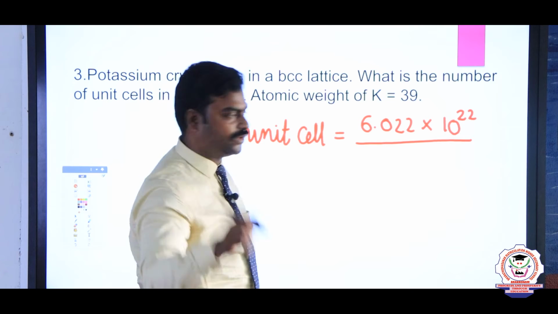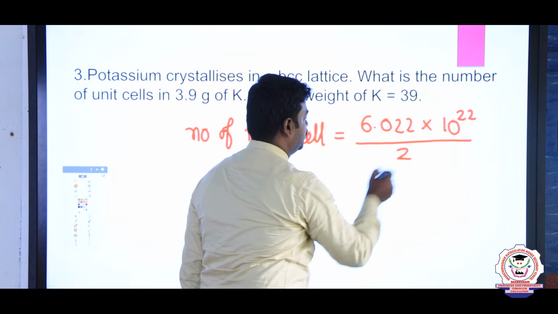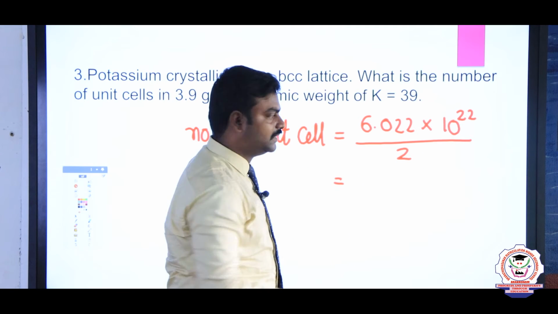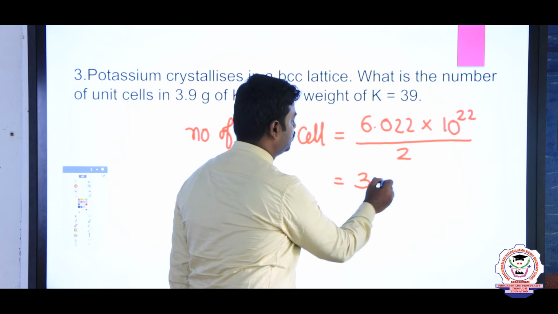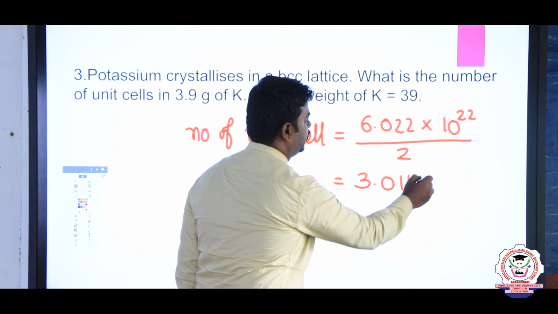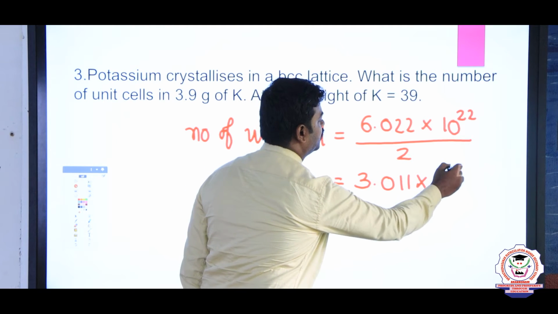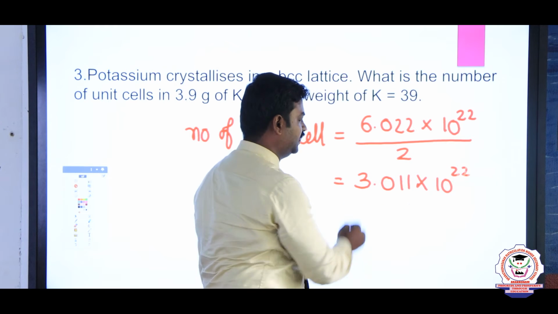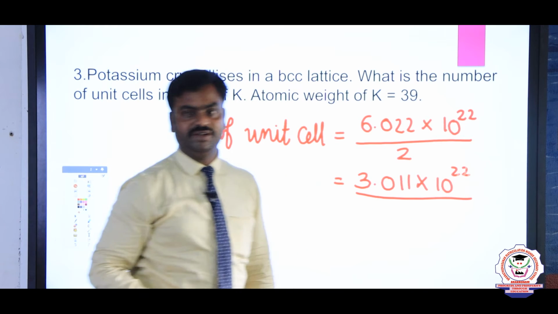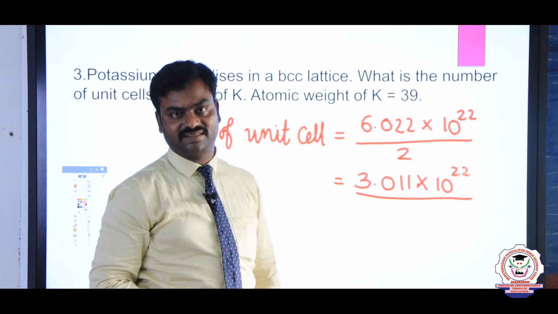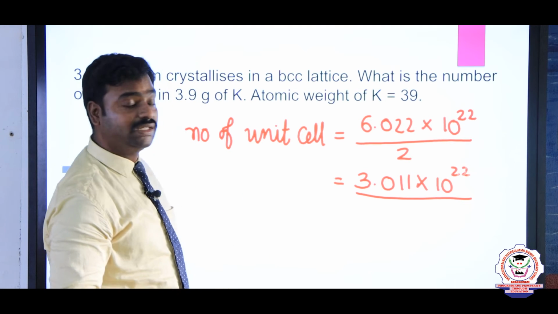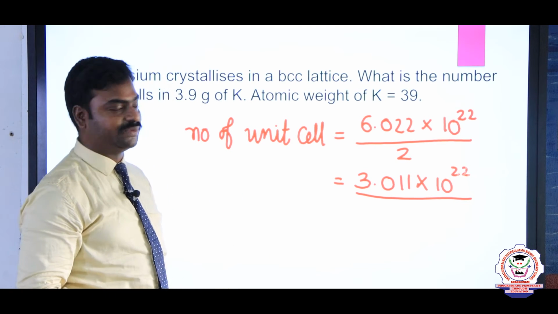It is BCC, so divided by 2. So we will get the value as 3.011 into 10 power 22. So this is the answer: the number of unit cells possible in 3.9 gram of potassium is 3.011 into 10 power 22.